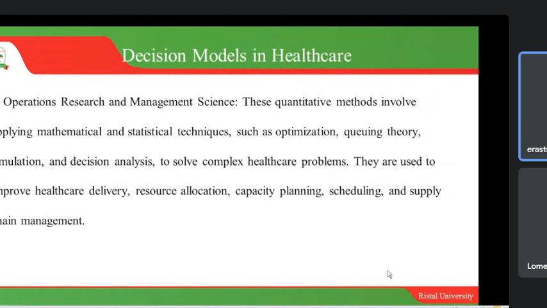When we talk about optimization, we want to maximize on us being very efficient as a healthcare organization or facility. We also want to be effective and ensure quality healthcare delivery is being done.